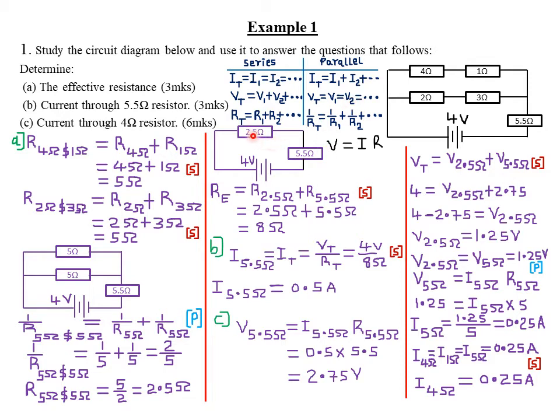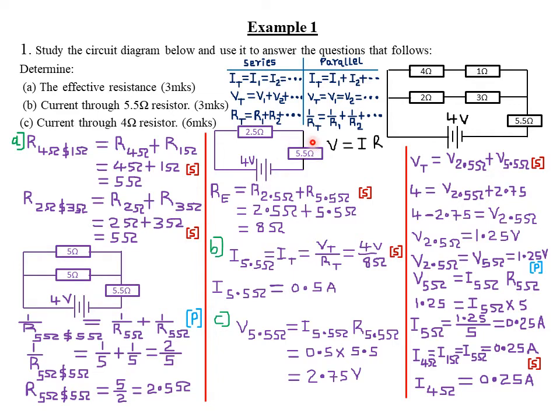The 1.25 volts is representing the voltage that has remained after some voltage has dropped at the 5.5 ohm resistor.